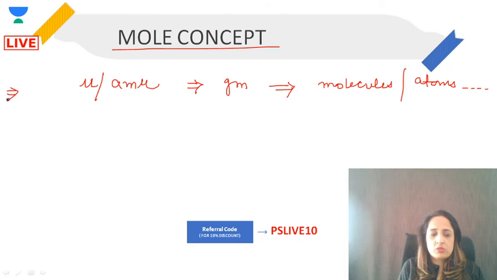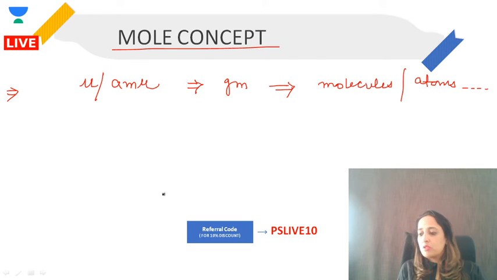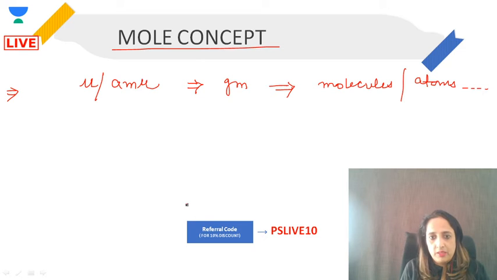So this was quickly about how this mole concept works. I'll just create a small table for you, which will help you understand it even better.